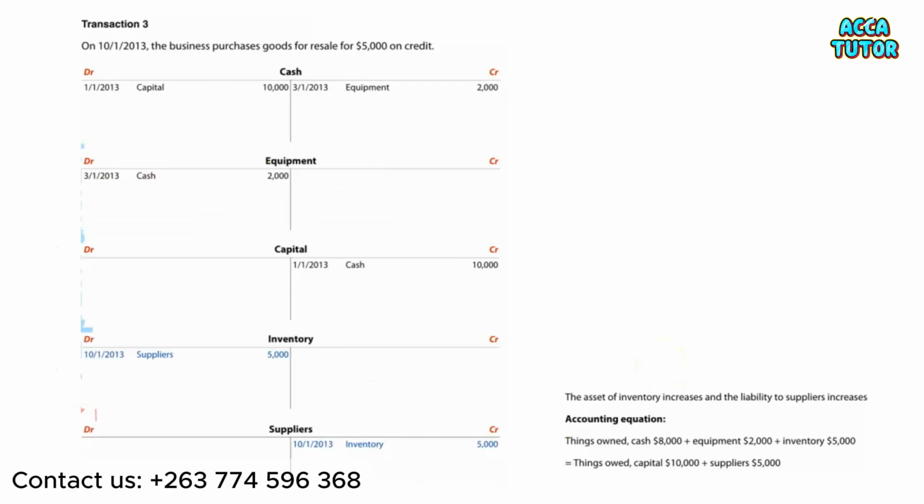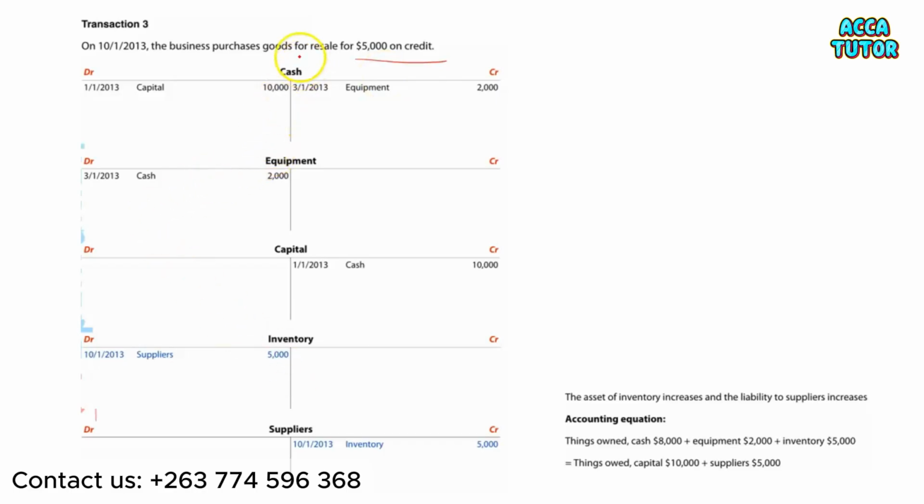Great. Transaction 3. On 10 January 2013, the business purchases goods for resale of $5,000 on credit. So we are still utilizing the amount of money which we have. But in this case, we did not use hard cash. We were allowed to buy the goods on credit, so our cash balance is not affected.